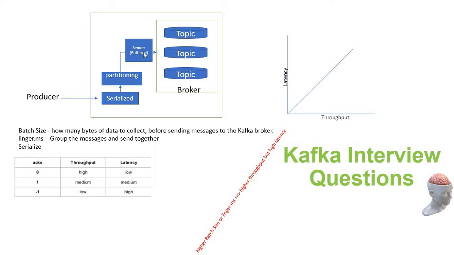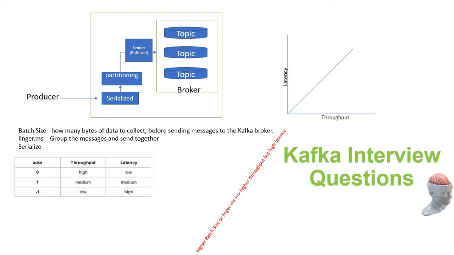So it is a combination of these two: either the sender waits for the batch size to meet the configured limit, or it waits for the interval time to meet the limit configured in linger.ms. Once one of these two parameters meets its configured value, the sender starts sending the messages to the topic.